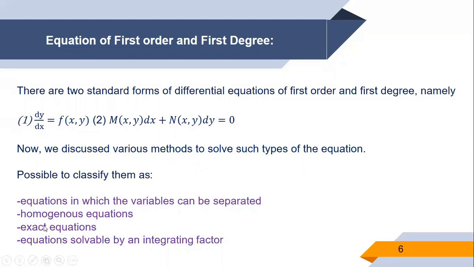Third is the exact equation. Fourth is the equation solved by the integrating factor. So there are different types of methods we will discuss in the next lecture, which can be used for solving a first order and first degree ordinary differential equation.